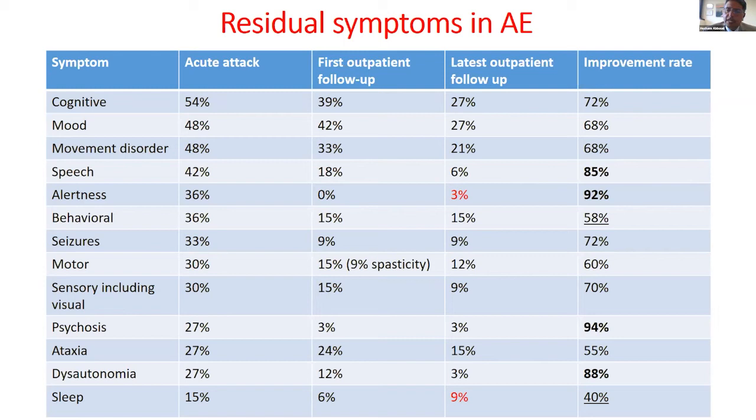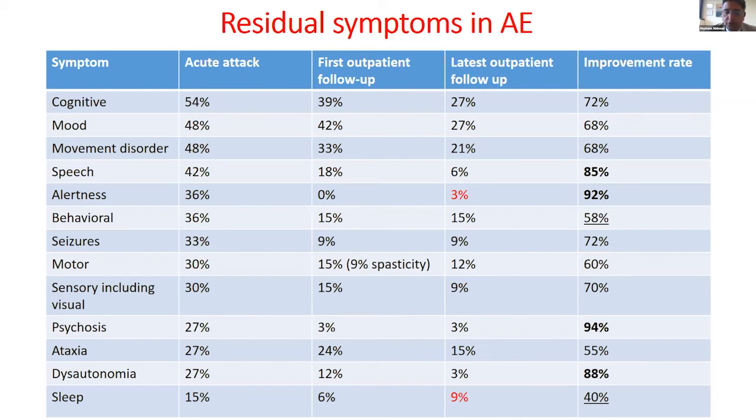Some other important things to note from this table, you'll notice that some symptoms usually resolve almost completely or near complete resolution, like speech symptoms, for example. Most patients will have significant improvement in their speech symptoms. Consciousness and alertness impairment, obviously almost all patients will recover their conscious level by the time they come for follow-up.